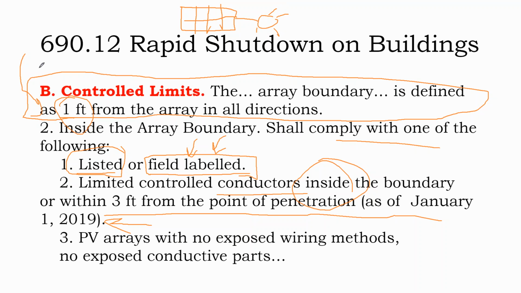The problem is a solar array is always on if the sun's up, and you can isolate the solar array from the building with a disconnect switch, but you still got high voltage within that array perimeter, and that makes it very hard for a fire department to go into a building to fight the fire, especially if the solar array is what caused the fire to begin with, because then that's where the fire is, and the fire department says, well, I'm concerned about arcing electricity electrocuting the firemen while they're trying to fight this fire, so it's more pragmatic to let the building burn down.